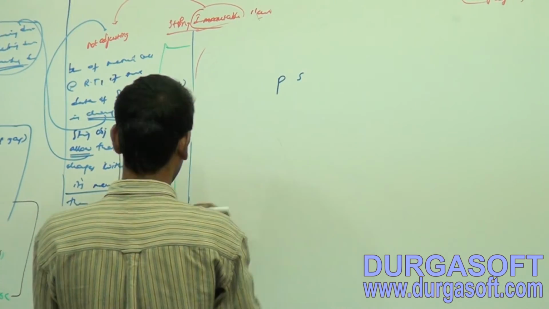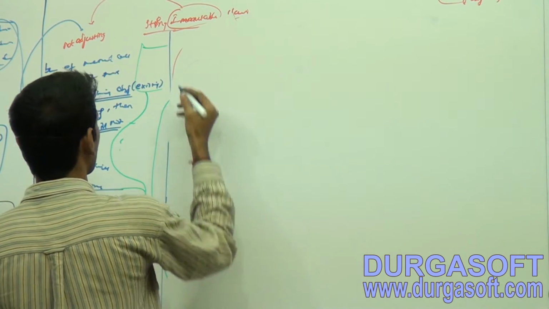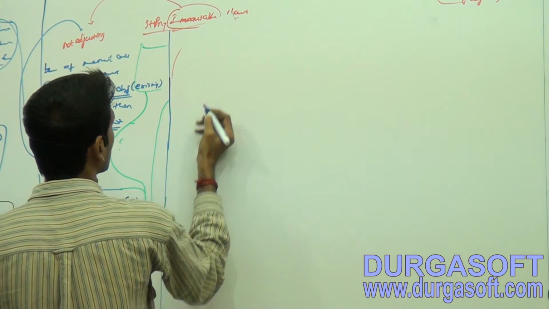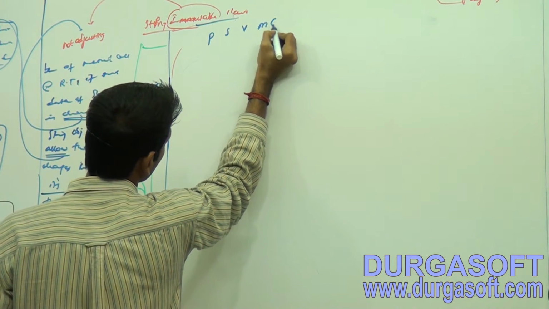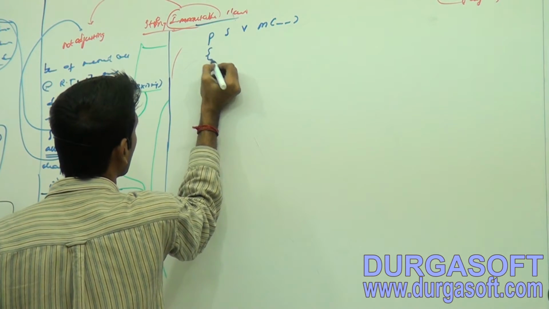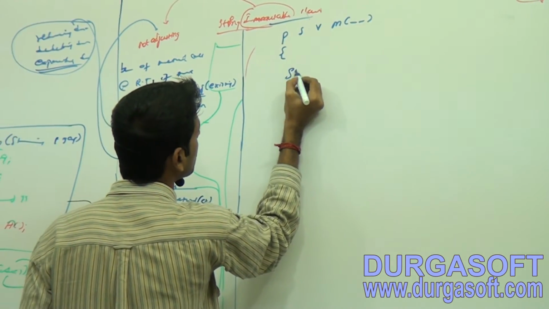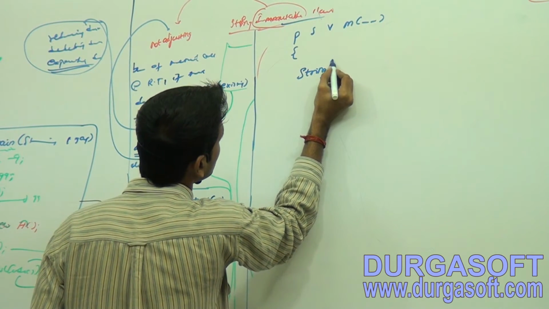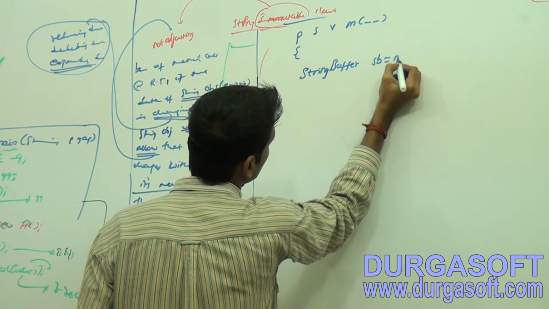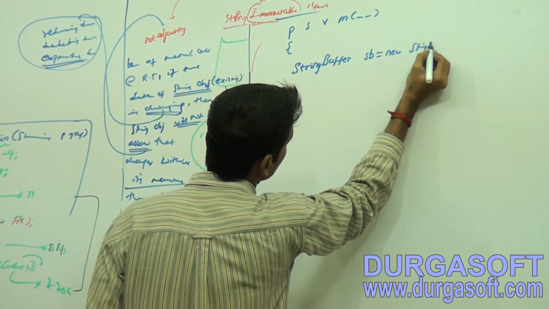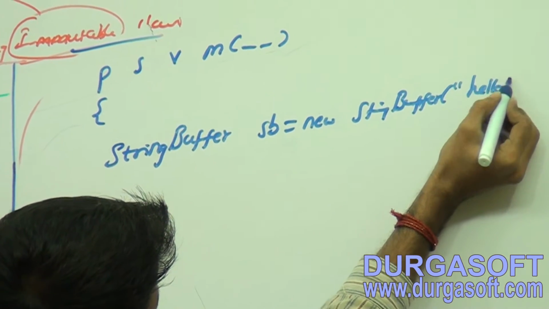Public static void main, String array. Now observe this part. StringBuffer sb equals new StringBuffer, with "Hello".